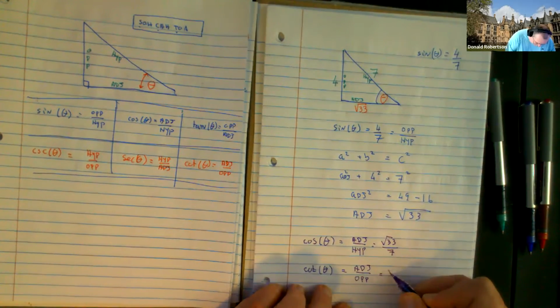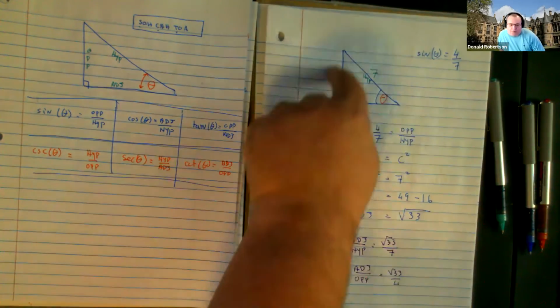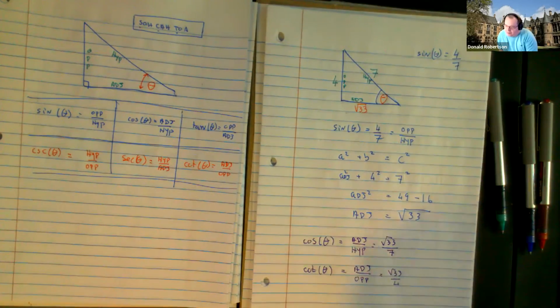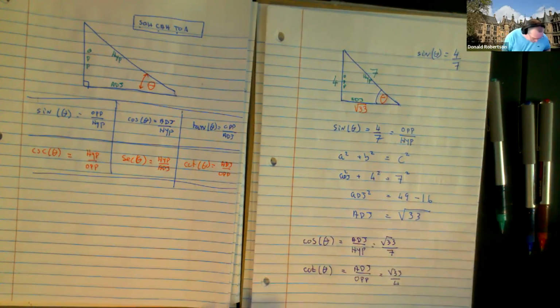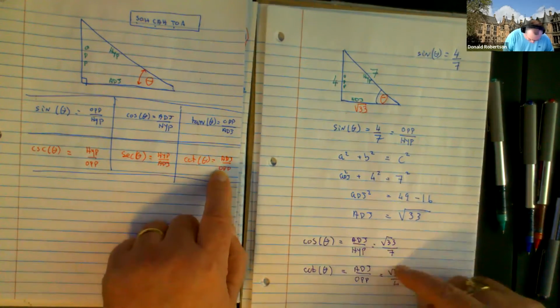And that would be square root of 33 over 4, and so on and so forth. So once you've got this triangle built, can't you find all of these guys? I only gave you a couple of them, but you can find any of them just by picking the right formula, like adjacent over hypotenuse.